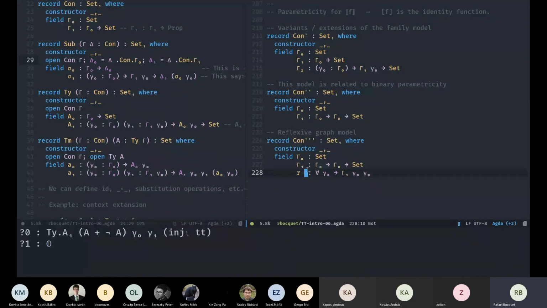And this is still quite easy. But if we want to add symmetry or transitivity, then we somehow go out of this class of models, and things become more complicated.